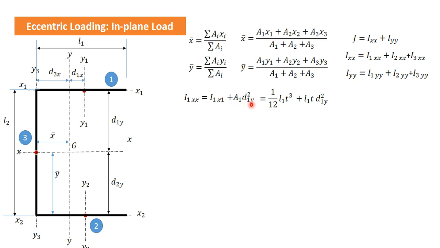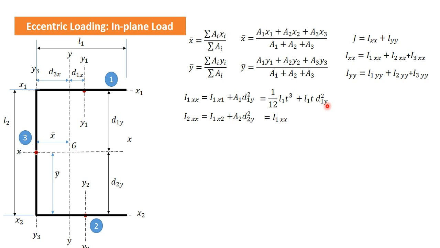That is why A1 d1y square, where d1y is the distance between the two axes passing through the CG of section 1 and the axis where we want to shift this I. I1xx is 1 by 12 L1 into T cube, and this area L1 into T in d1y square.